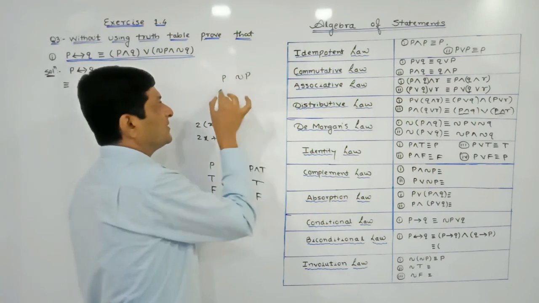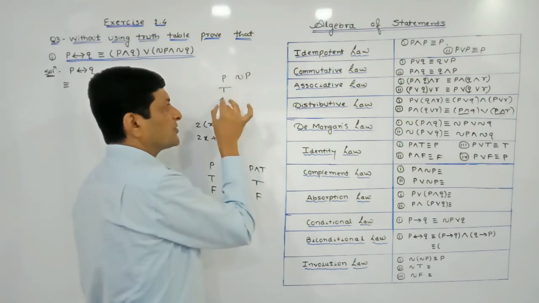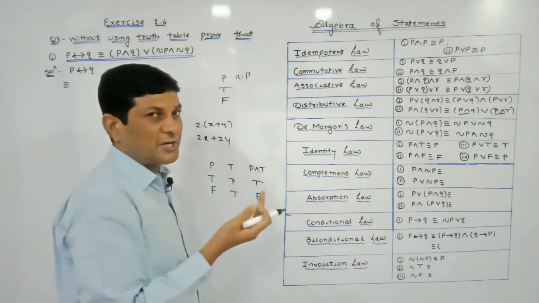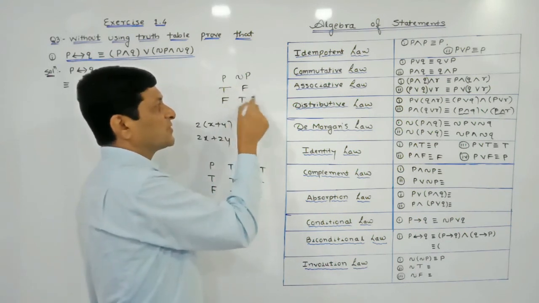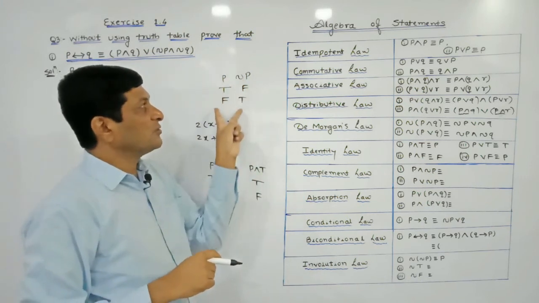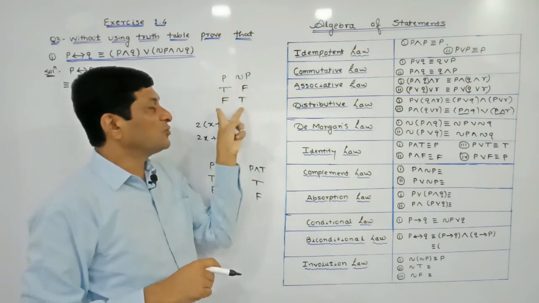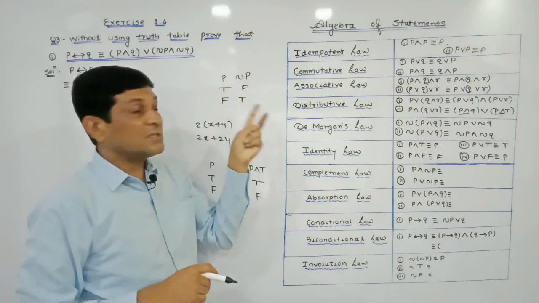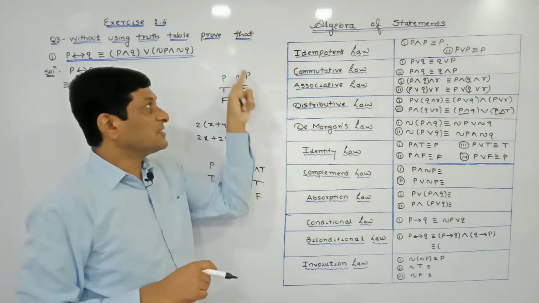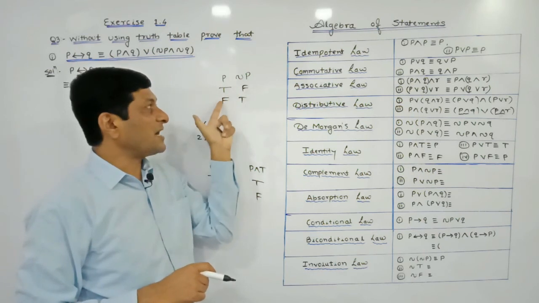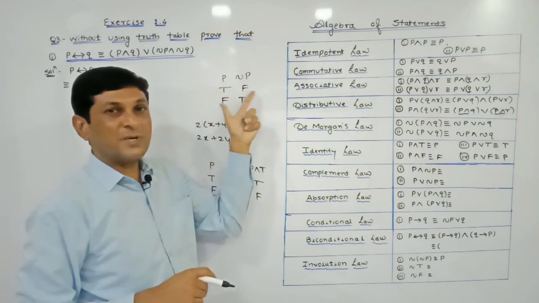Let us check. Let P be one statement, so two possibilities: either it is true or it is false. Negation of true is false, negation of false is true. If you observe, the truth values of P and negation P are opposite. If one is true, the other is false. If one is false, the other is true. So in these two statements, at least one F appears.